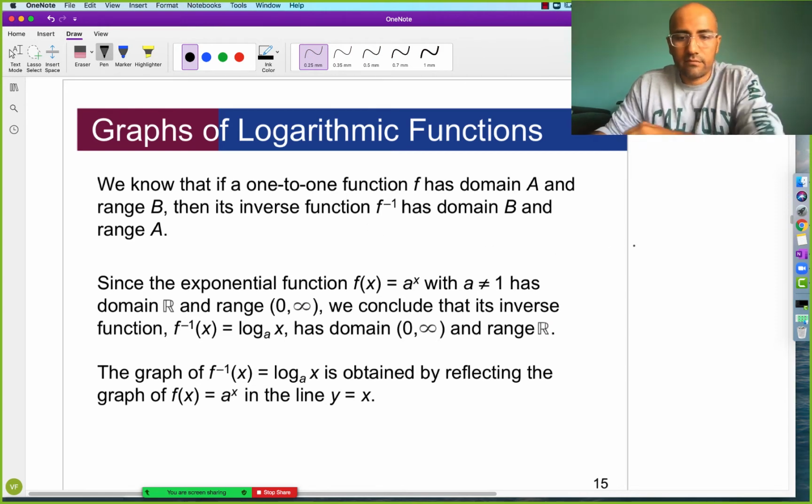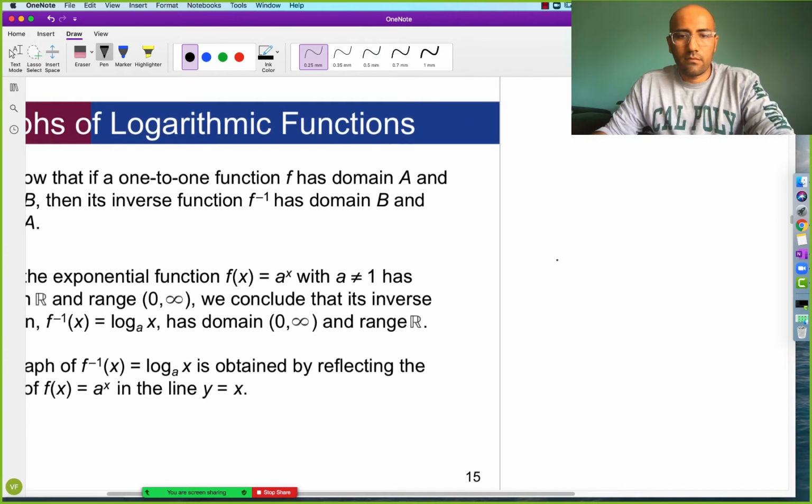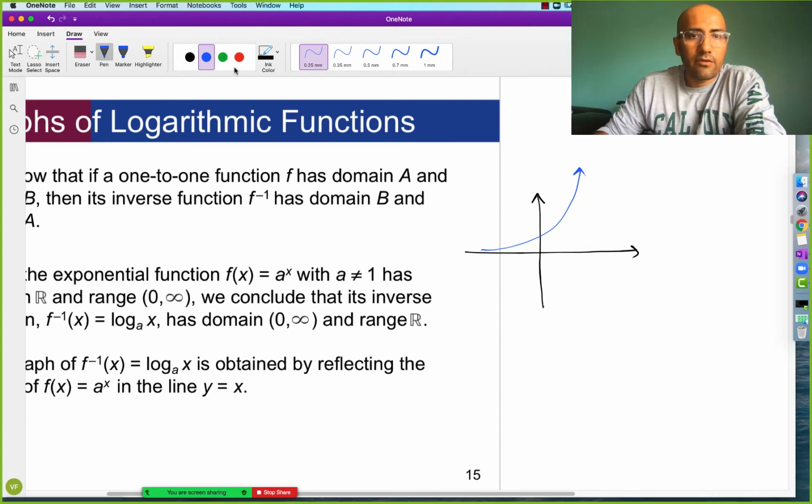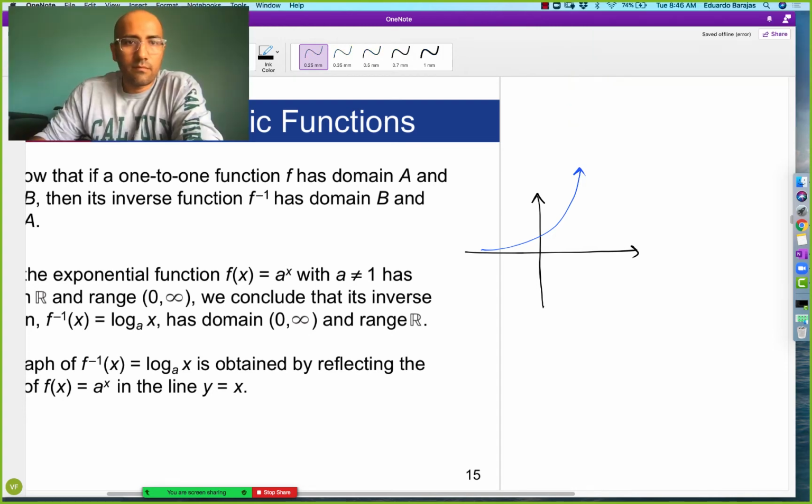We have either this general shape, it goes like this, or we have another general shape that goes like this.